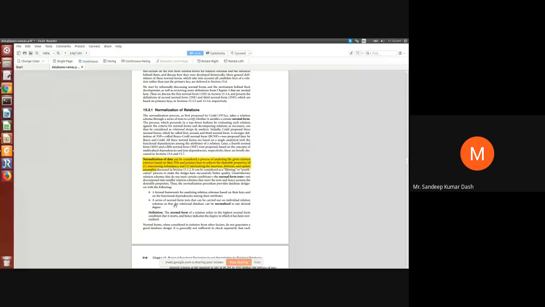important part of the course, normalization, purely depends upon the key concepts and the functional dependency concepts. Okay, what do you mean by normalization?